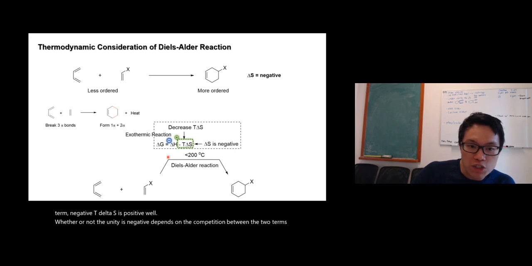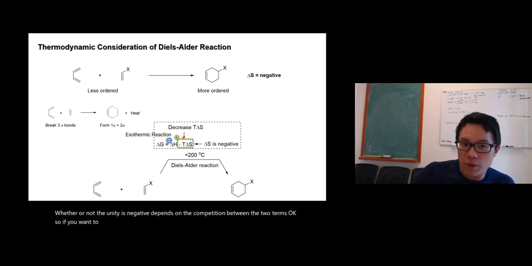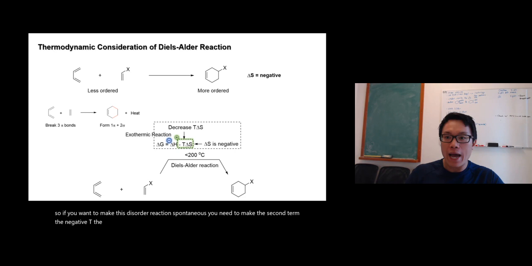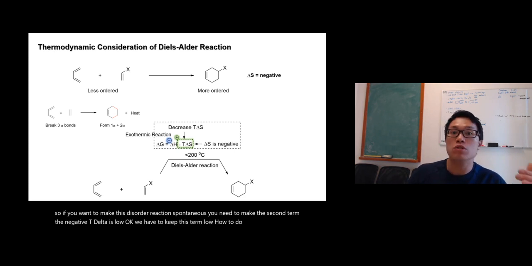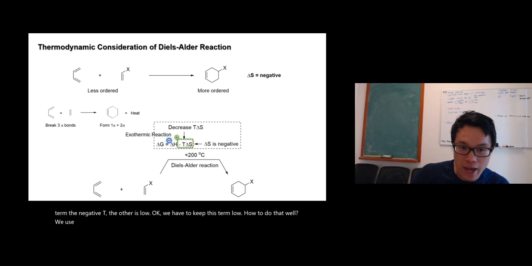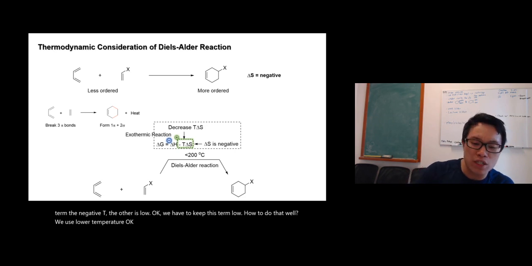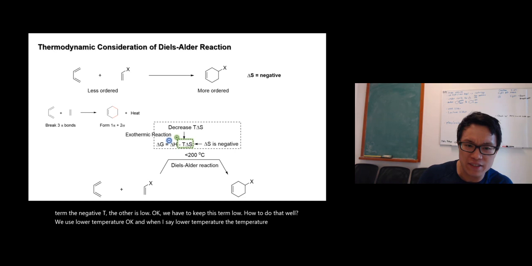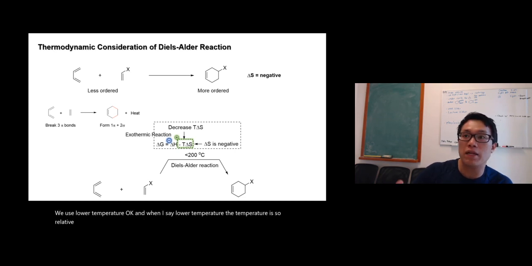So if you want to make this Diels-Alder reaction spontaneous, you need to keep the second term, the negative T delta S, low. How do we do that? Well, we use a lower temperature. When I say lower temperature, temperature is relative. The temperature for one reaction could be 25 degrees, and for another reaction it could be 1,000 degrees.